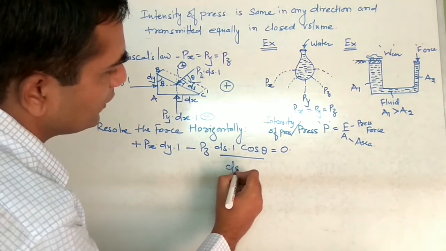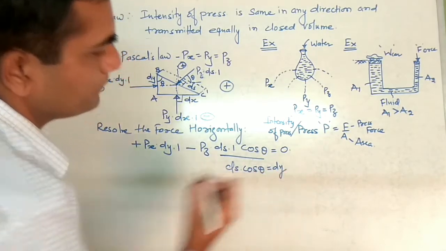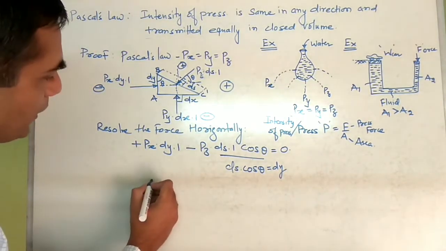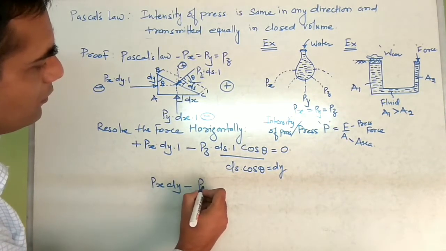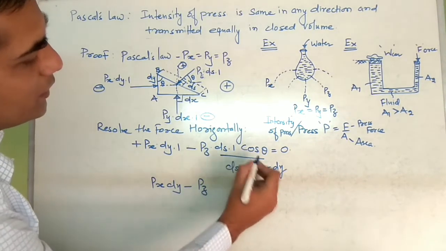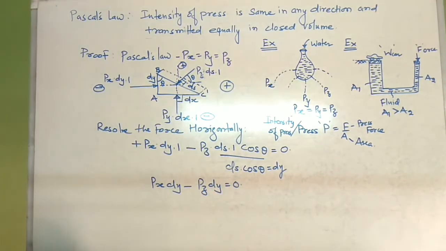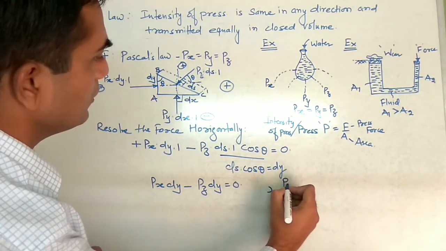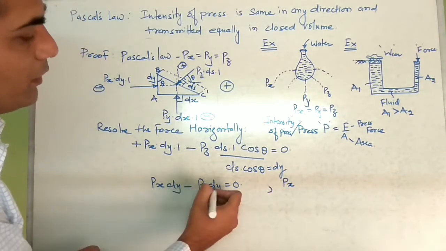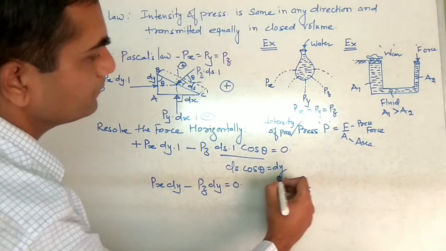So we may say ds cos theta is equal to dy. So we may write it as Px dy minus Pz, and this ds cos theta is dy, equal to 0. So you'll have like this Px, the dy gets cancelled and you'll get Px is equal to Pz.